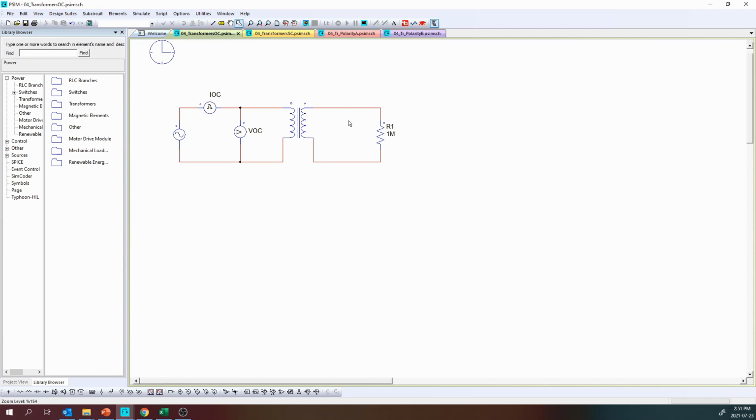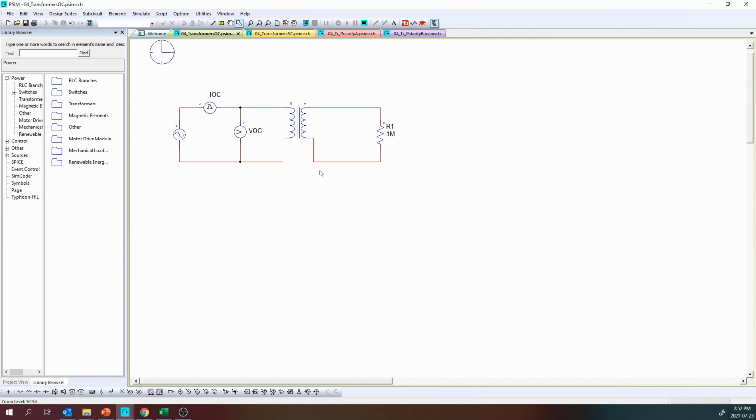In the lab, you can leave these terminals open, connect the ammeter and voltmeter here, do the measurements, and it's going to be fine. But in PSIM, we need to put something that will bias this. There's going to be a very, very small current circulating, but that will allow the tool to compute the values for the rest of the circuit. Keep that in mind. That's one of the limitations of simulations.